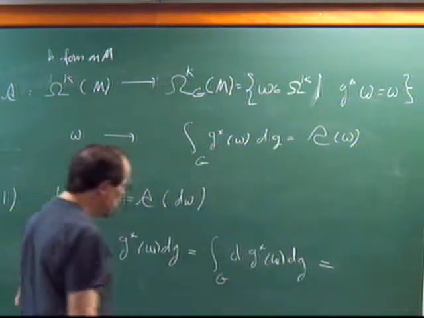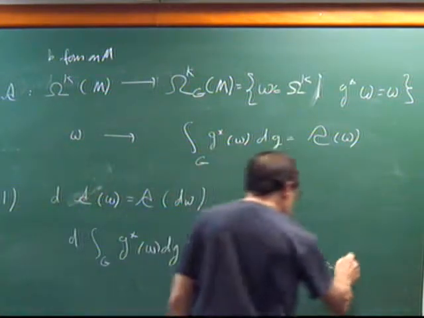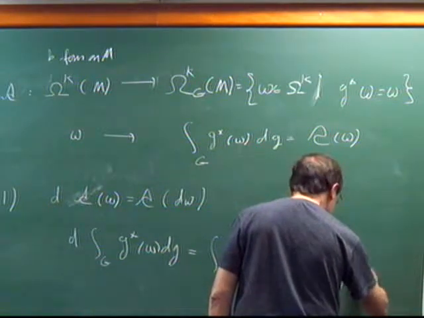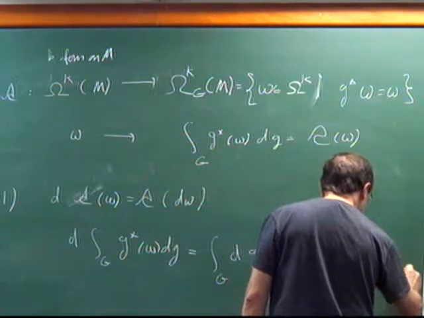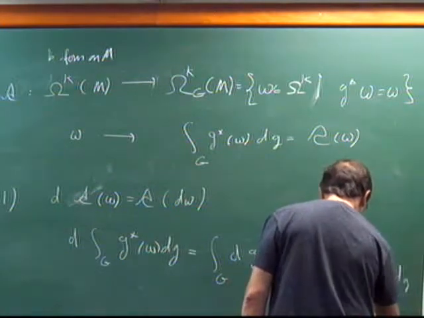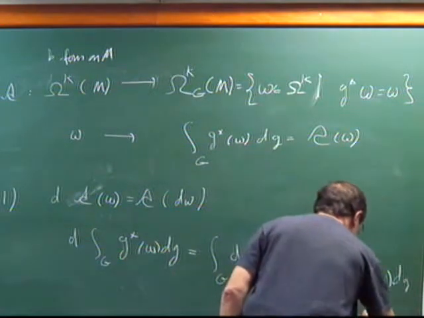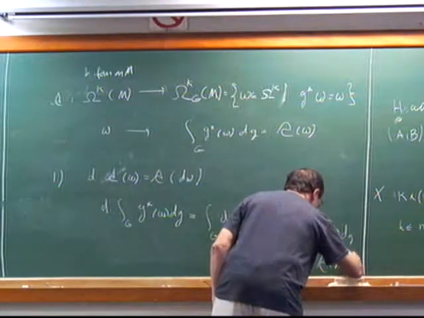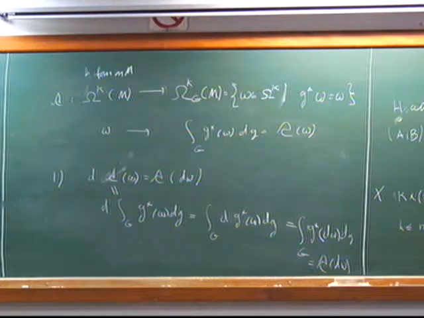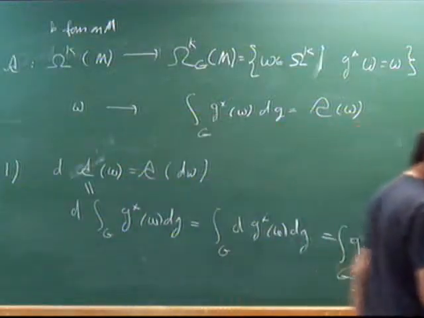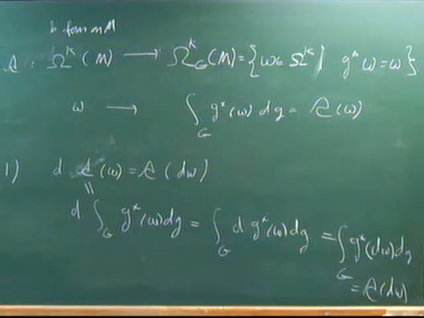And of course also d is natural under pullback. So that's the integral of g star of d omega. And that's the average of d omega. So d of the average is the average of d. Okay. So maybe that's the only thing I want to state right now as a general property. And this now has the following consequences.